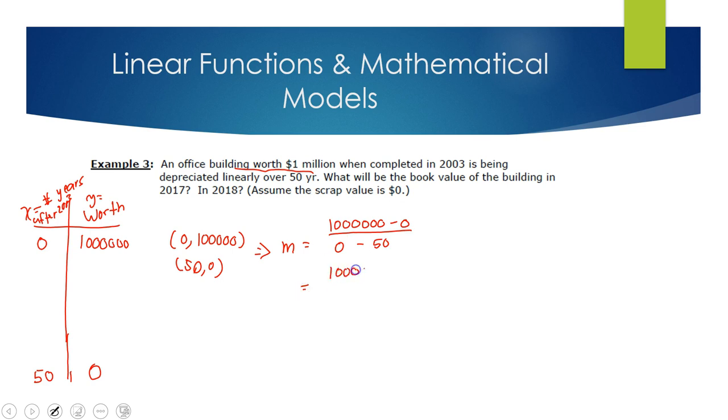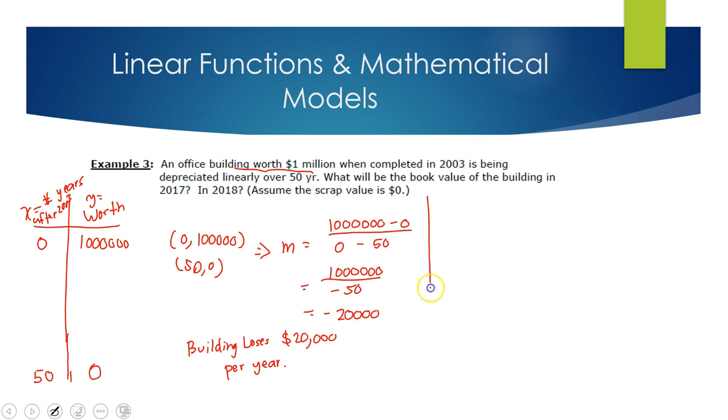So I'm going to have 1 million over negative 50, and 1 million over negative 50 is negative 20,000. So basically the building loses $20,000 in value per year.